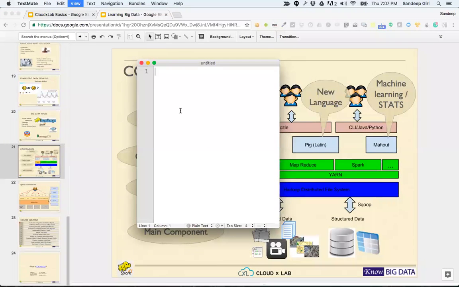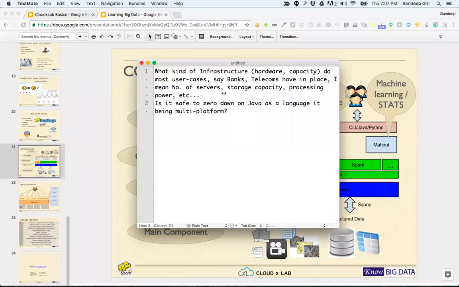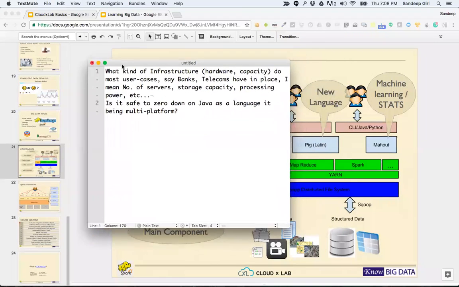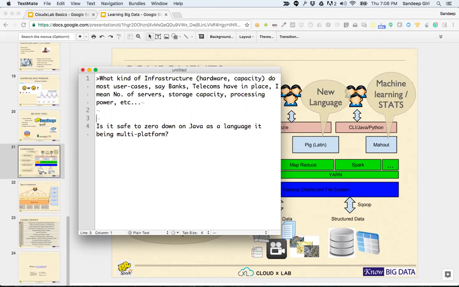So the first question is what kind of number of servers and storage capacity, what kind of machines people are using. There are generally two extremes of computing: one is distributed and the other is parallel.